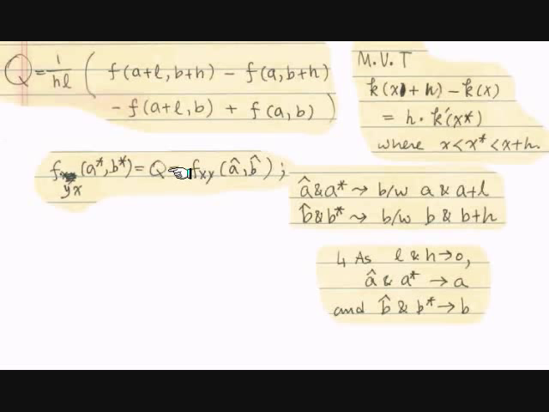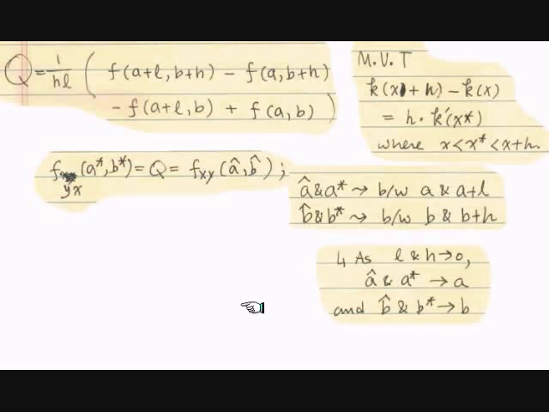So, however we do this business of approaching 0 with l and h, q is going to be something that we don't actually know. But if you look at the right-hand side and left-hand side, as this happens in whatever order, we know that because they're in between a and a plus l, and b and b plus h, this a hat and a star must approach a by the squeeze theorem, and b star and b hat must approach b by the squeeze theorem again.